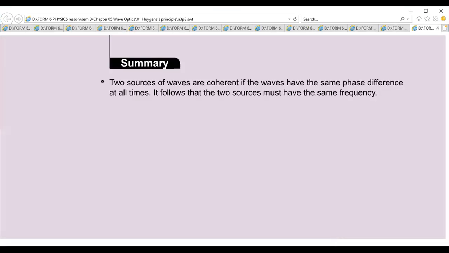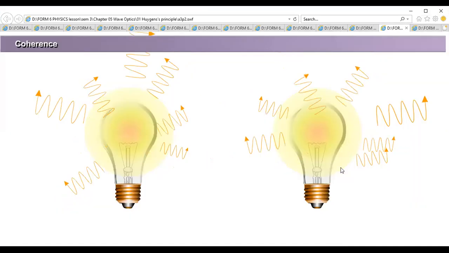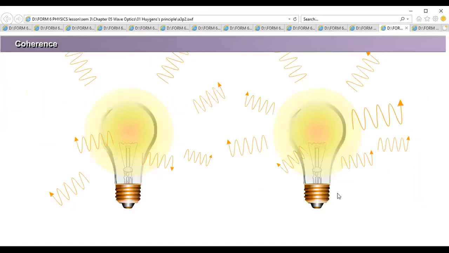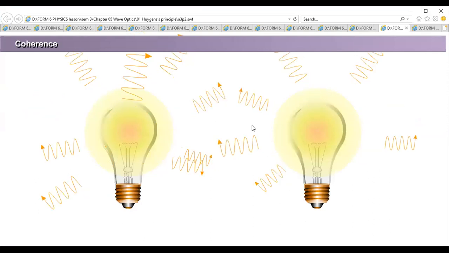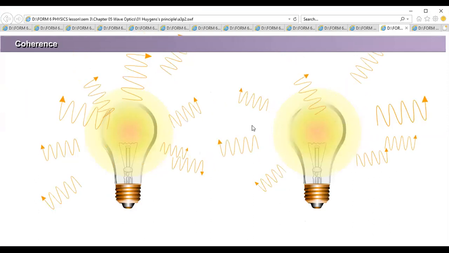Because two coherent sources must have the same frequency, in phase or with a constant phase difference.